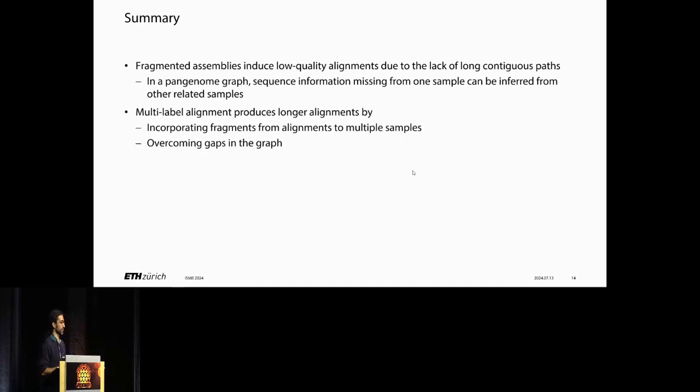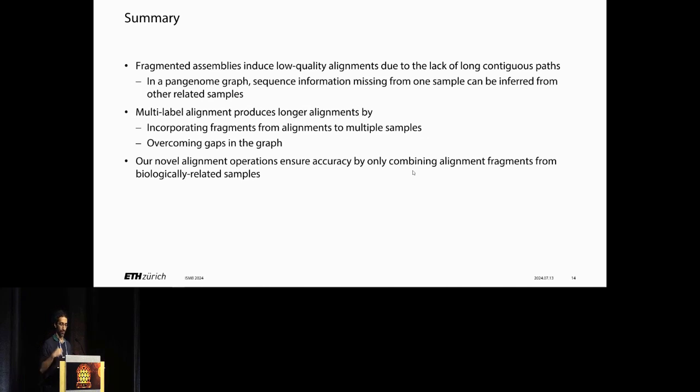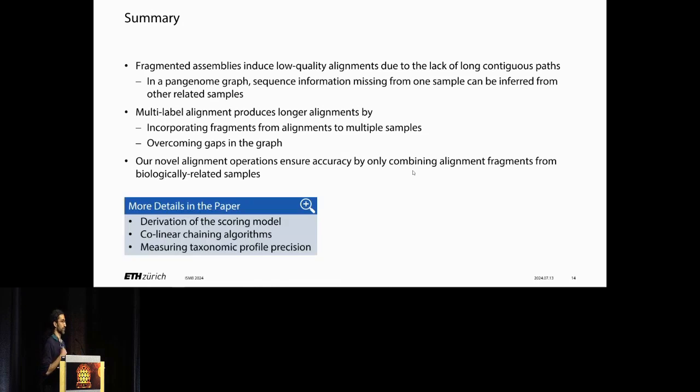And with multi-label alignment, we are able to produce longer alignments by incorporating fragments and overcoming gaps in the graph. And with our novel operations, we ensure that we do this in an accurate fashion. And you can check out our paper for some more details on our scoring model, how we do chaining, and exactly how we measure profile precision.